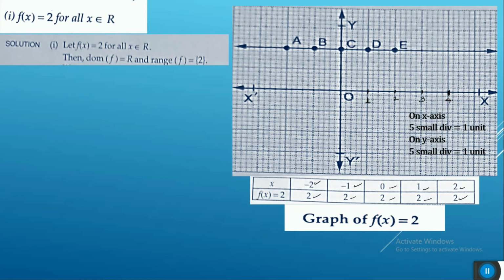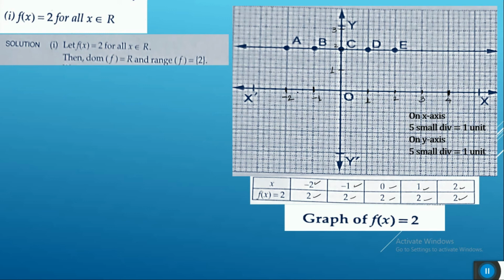Similarly on the y-axis, 5 small divisions equal 1 unit. So this is 1, this is 2, and here this is 3. Clear? I will not write the negative side of y because I don't need it. I need the negative side of the x-axis, so I will write minus 1, minus 2. I don't need minus 3.